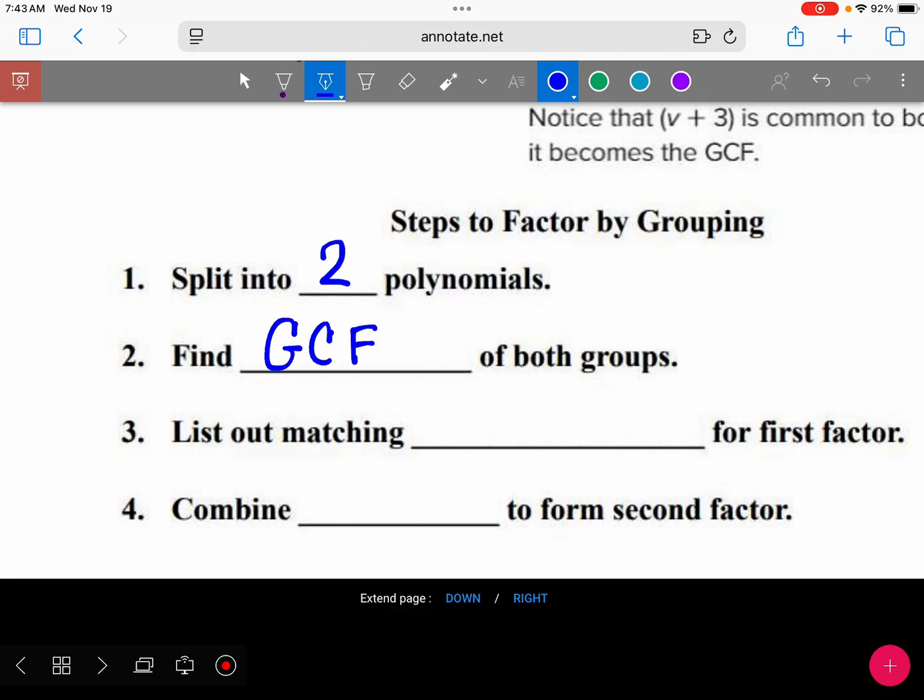Then we put our matching factor. We put our matching factors. It doesn't really matter which one's first. I find it easiest to take this thing that matches and make it be the first, but you don't have to. It doesn't matter what order we put our factors in.